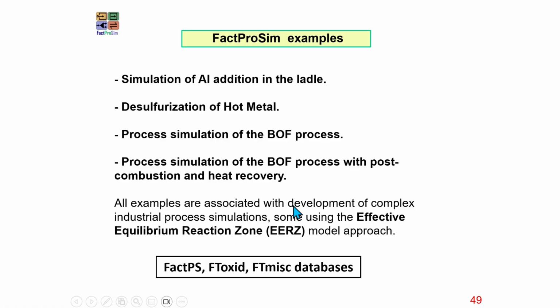The point is that these examples are very detailed, and they're for complex industrial processes, basically in the iron and steel industry, and some may use this effective equilibrium reaction zone, the EERZ or ERZ model approach. All the examples you have use the same databases as we see there.